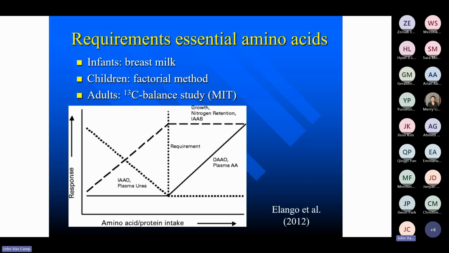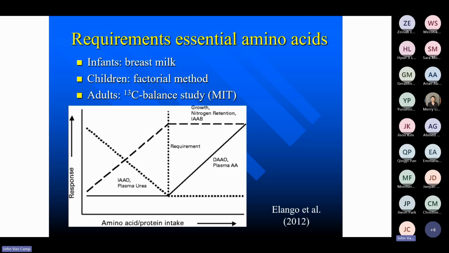This oxidation leads to CO2. The CO2 will go to the breath and we measure it. So that's why after the recommendation, there's a steady increase in the output, what you can measure in the CO2 in the breath. And the knick point between the two is equal to the requirement. That's the first option of measuring requirements.